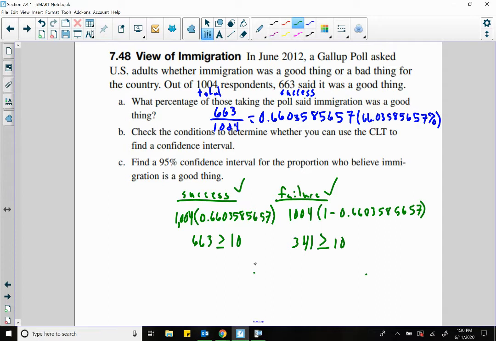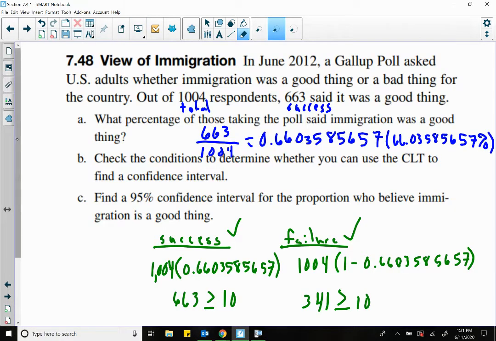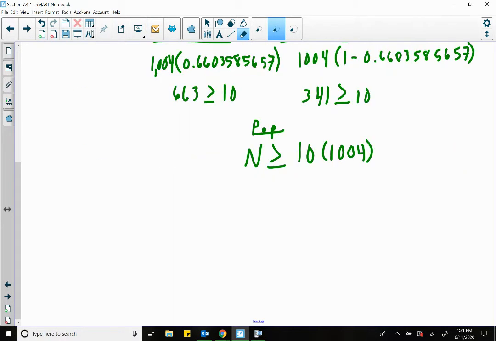And then last but not least, population. Is n greater than or equal to 10 times 1,004? So if we multiply that, we want to know, is n greater than or equal to 10,040?